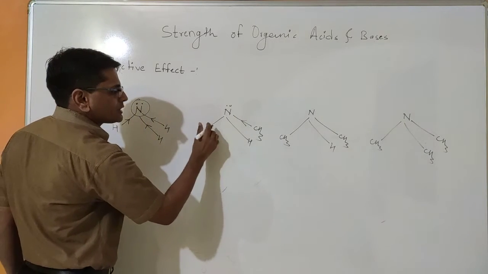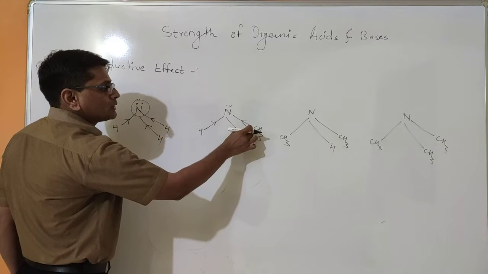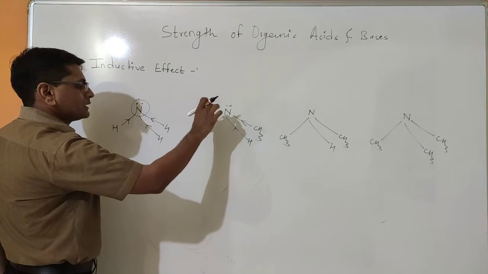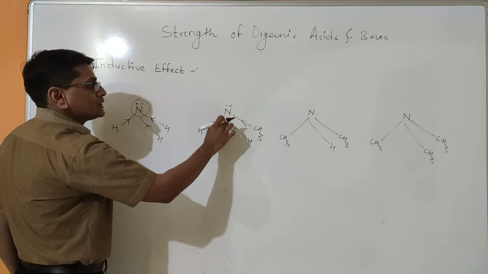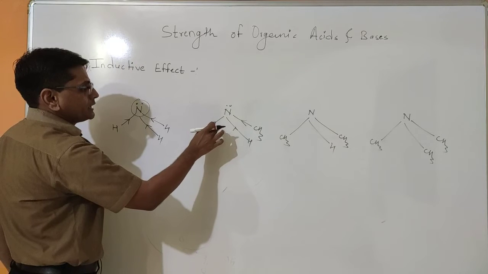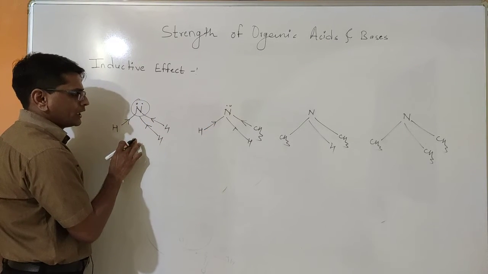So here two hydrogens are there, they donate electrons, and here one methyl group is there, which gives more electrons to the nitrogen. That's why this methylamine is more electron rich as compared to ammonia, and that's why it is a stronger base as compared to ammonia.